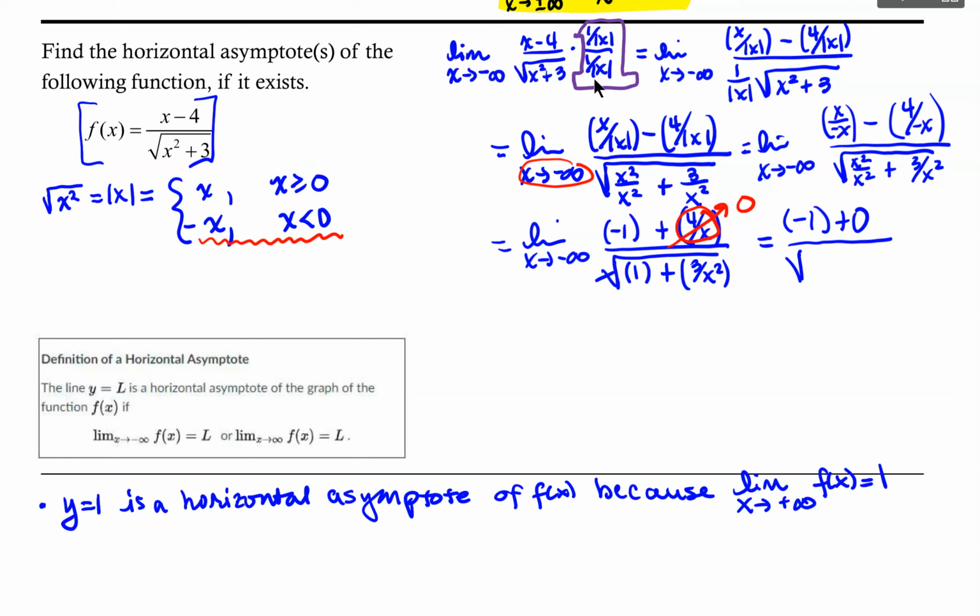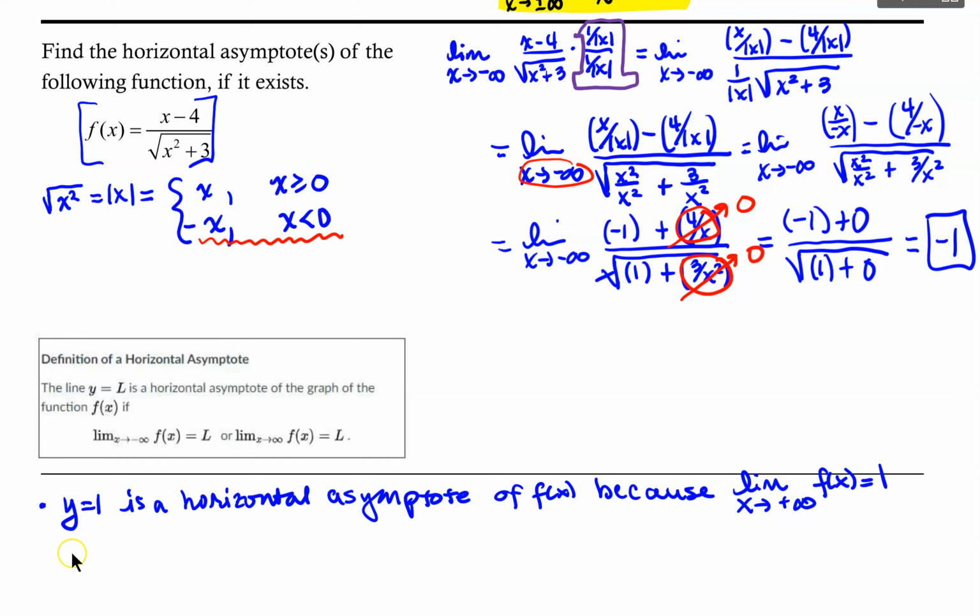Moving to our denominator, as x approaches negative infinity, inside my square root the 1 remains a 1, plus 3 over x squared, which approaches 0. So this is 1 plus 0. So we have negative 1 over 1, which is negative 1.